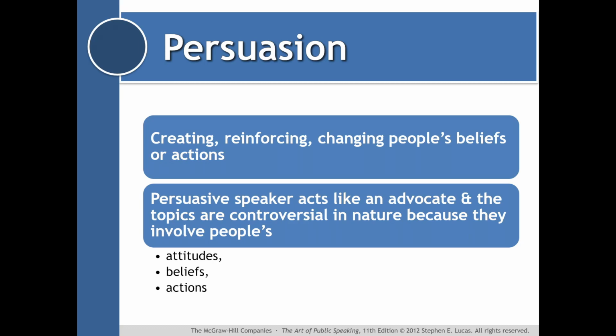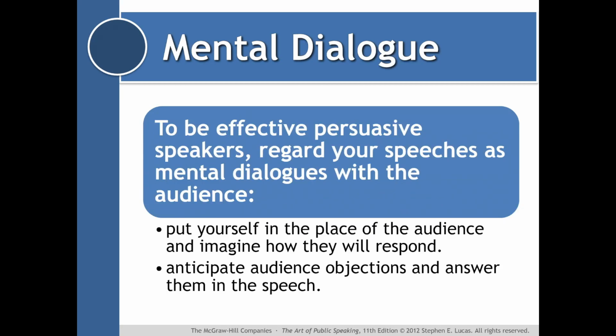For example, maybe you want to talk about the importance of learning soft skills in life. It's quite controversial, and you can argue that it might be important or it might not be important. So if you want to persuade them to think that it is important to have soft skills, that is how you persuade. You want to change their beliefs. Maybe they don't believe that you need soft skills, so you persuade them, and then they will maybe believe in you, right?